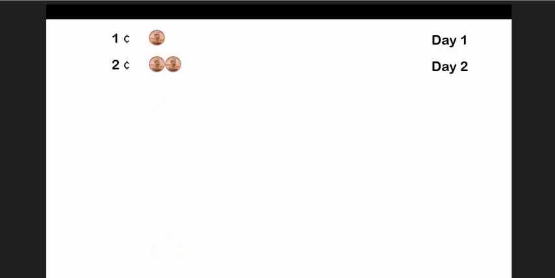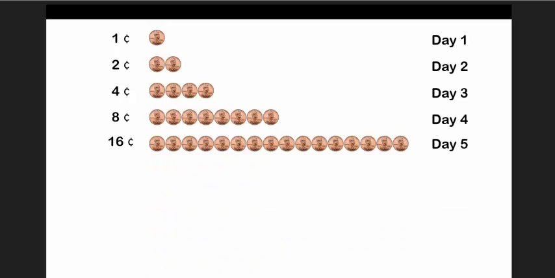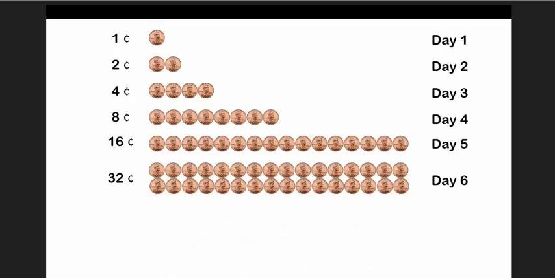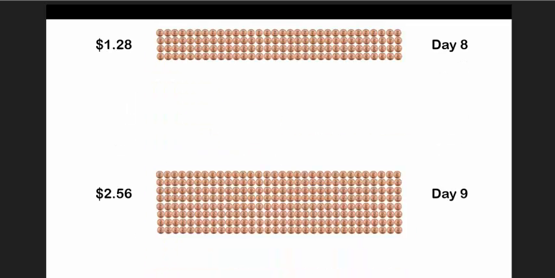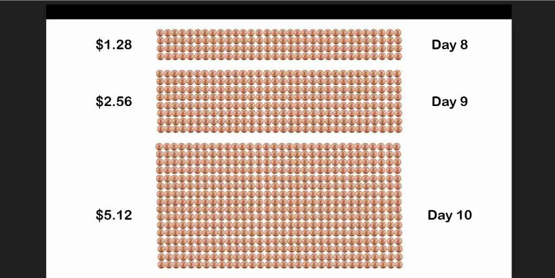So we've got the penny, 2 pennies, 4 pennies, 8 pennies, 16 pennies, 32 pennies, nowhere near the 50 grand. In fact, we put a lot of work into this doubling of our penny, but by day 10 we're only at $5.12. Anybody around you would look at you silly if you spent all that time and at the end of 10 days you only had $5.12, but they don't know what you know.